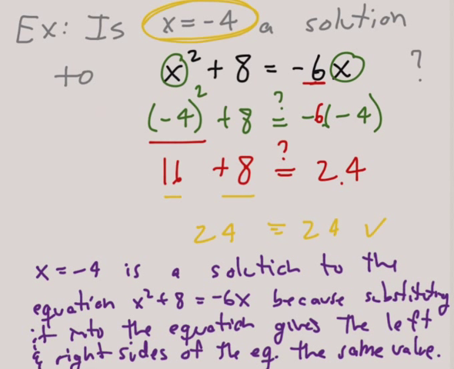Okay, so x equals negative 4 is a solution to the equation x squared plus 8 is equal to negative 6x, because substituting it into the equation gives the left and right sides of the equation the same value.